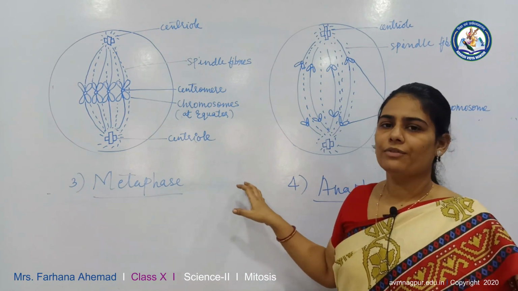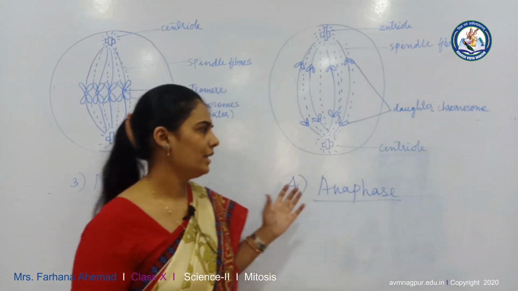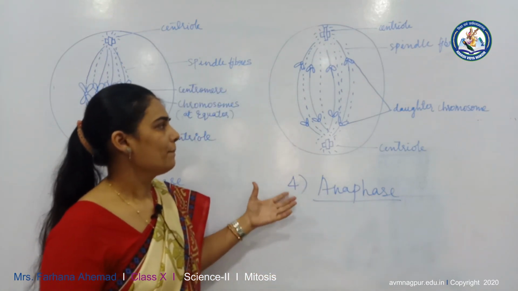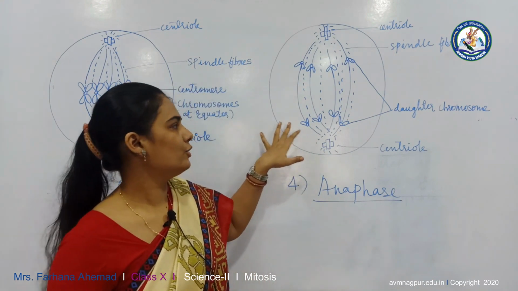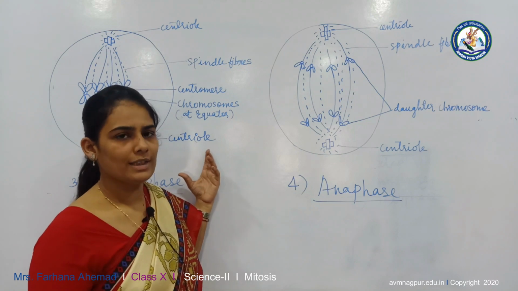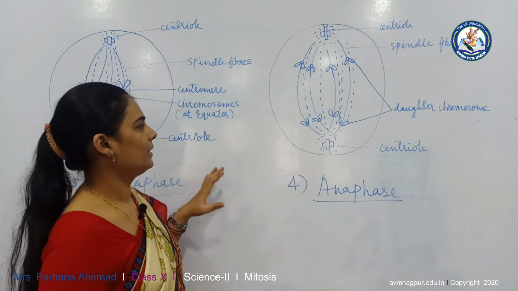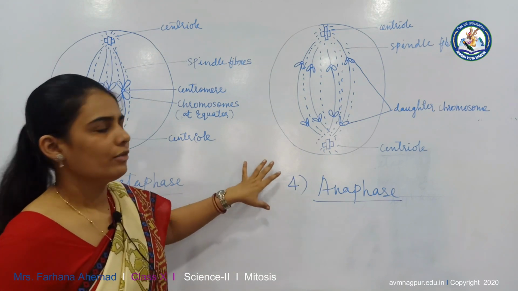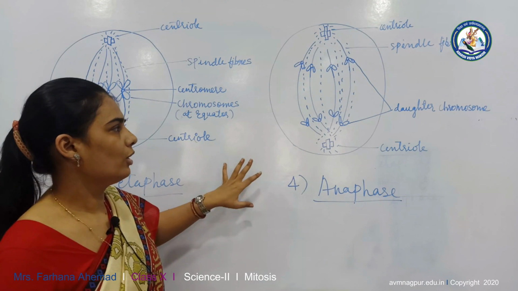After the metaphase stage, this is the anaphase stage. In this stage you can see there is no nuclear membrane, there is no nucleolus. Also in metaphase the nuclear membrane and nucleolus disappeared clearly, and in anaphase the nuclear membrane and nucleolus do not appear.